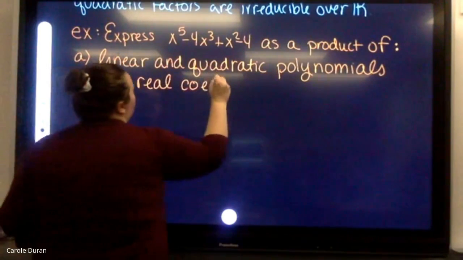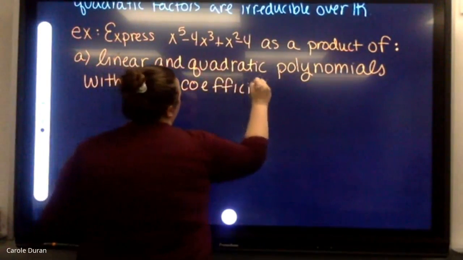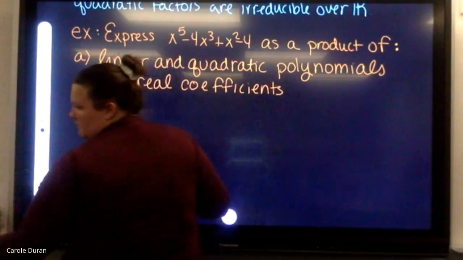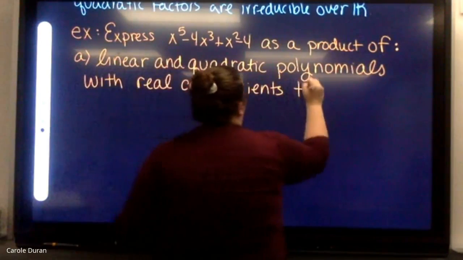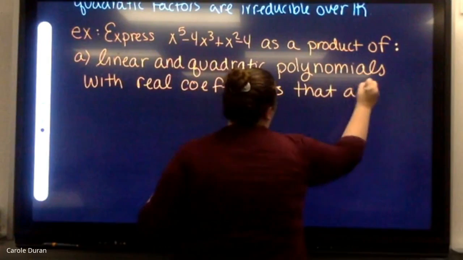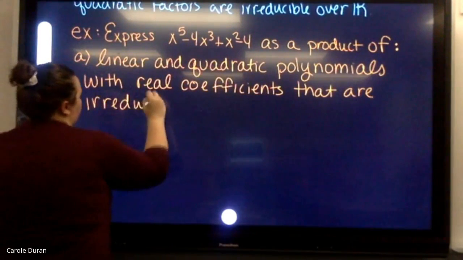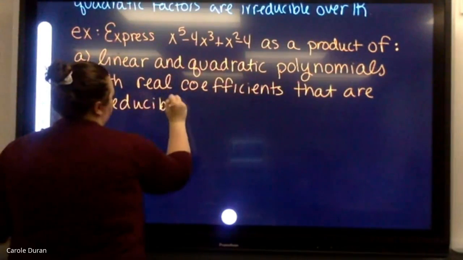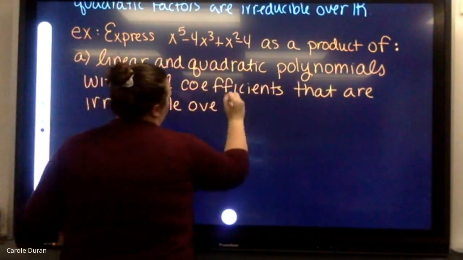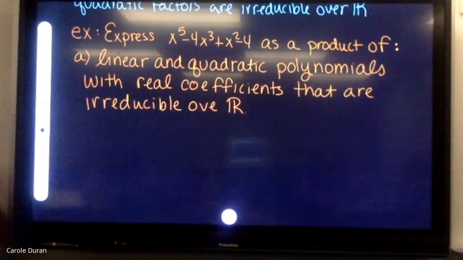This means I'm talking about linear and quadratics with real coefficients that are irreducible over the set of real numbers. So I can't have any imaginary factors in this portion.